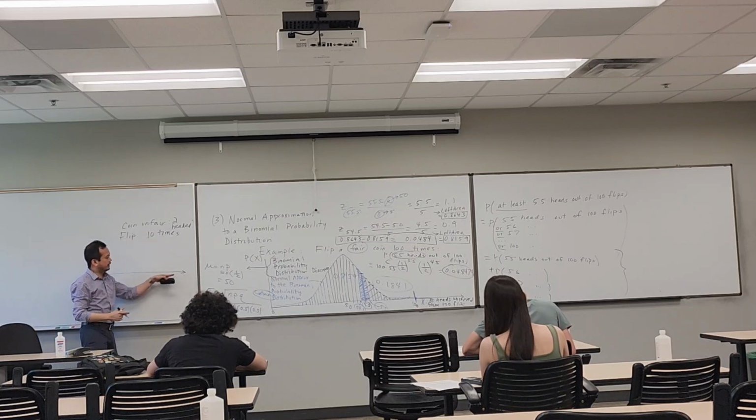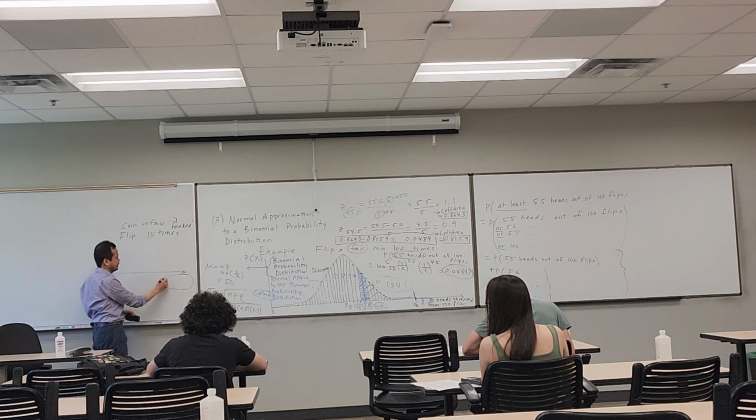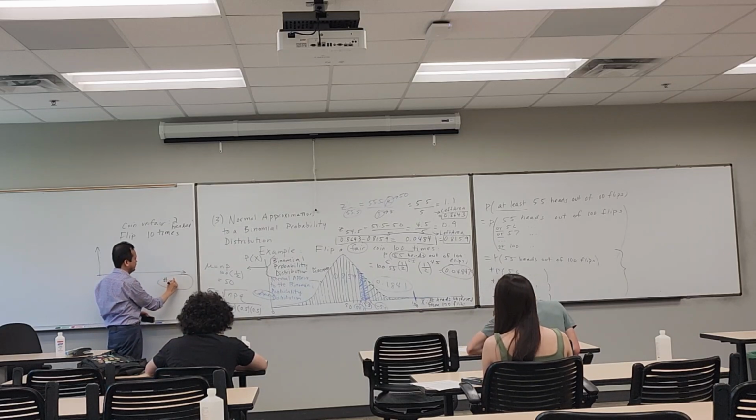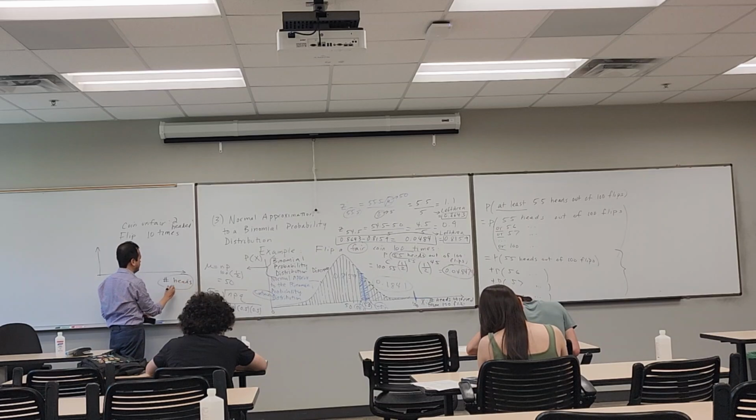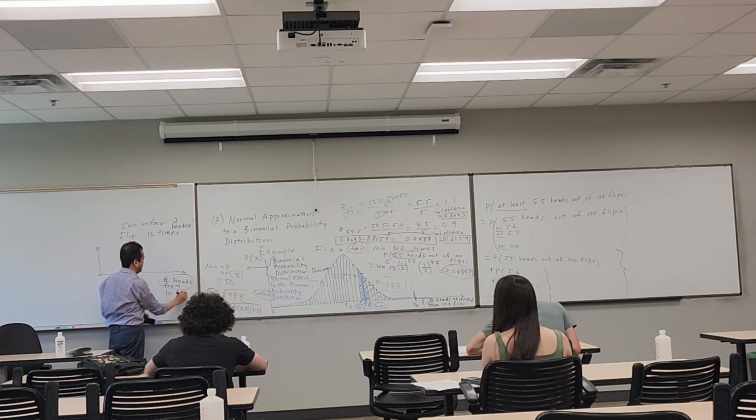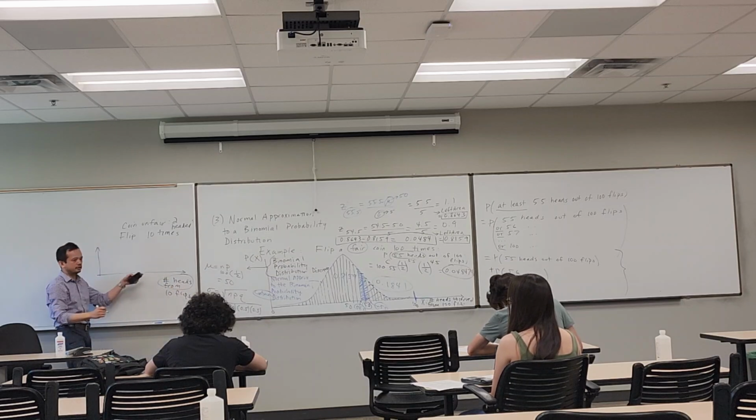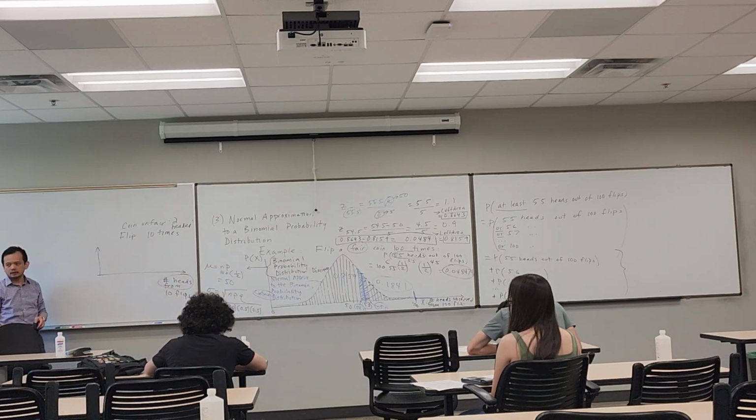And if you were to look at the graph or the distribution of the number of heads that you observe after flipping this coin 10 times, what would you expect the probability distribution to look like? Just one line, nothing else. Yeah, very good.